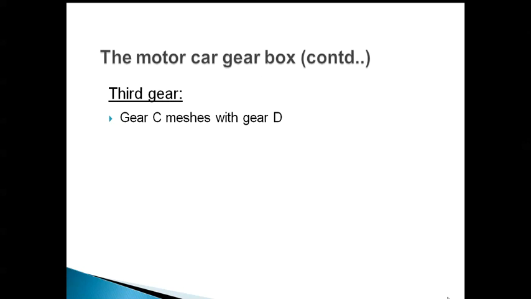E and G are connected together and slide over the driven shaft. To get the third gear, what we need to do is slide gear C, which is also a sliding gear. So here the sliding gear C is moved towards the right so that it meshes with D.